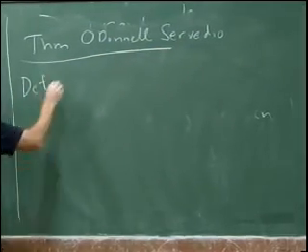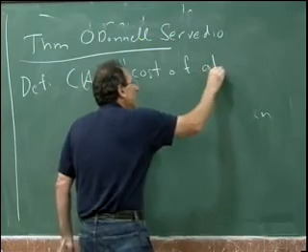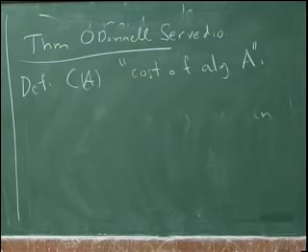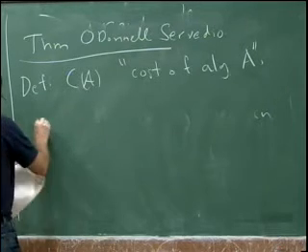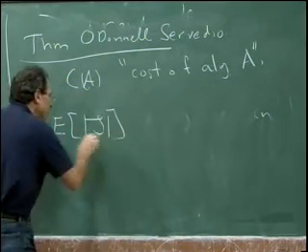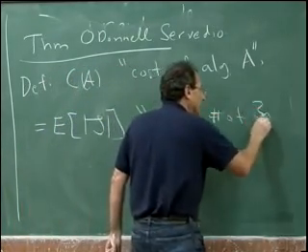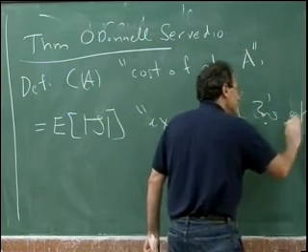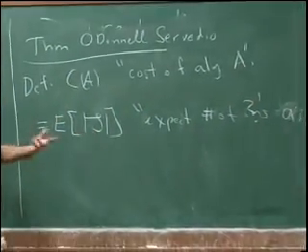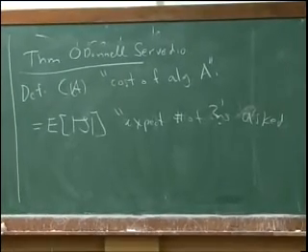Definition: if I have a randomized algorithm A, C of A, which is called the cost of A, is the expected number of questions asked. J is exactly the random bits I look at. So this is the expected number of questions asked.